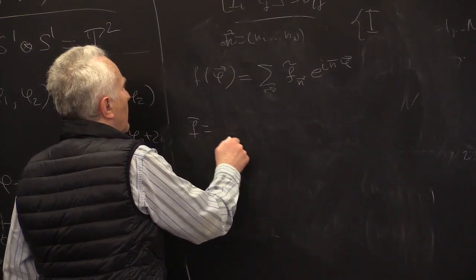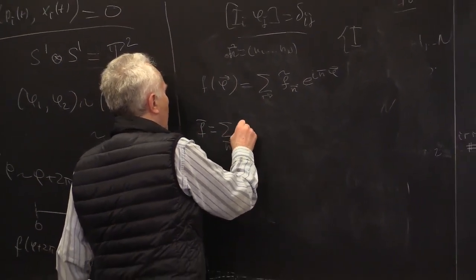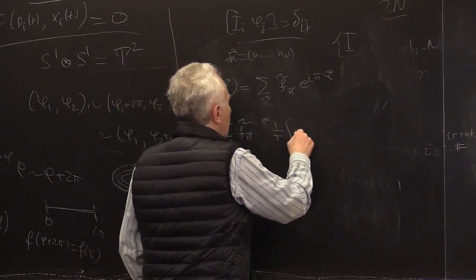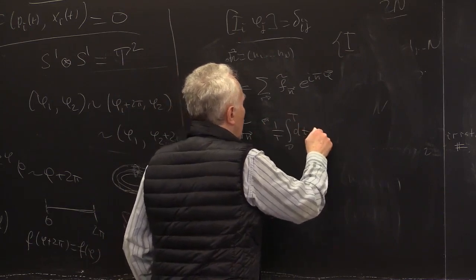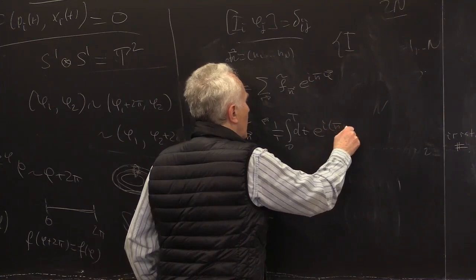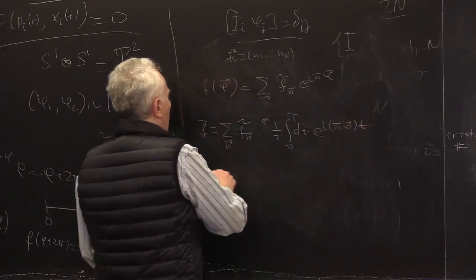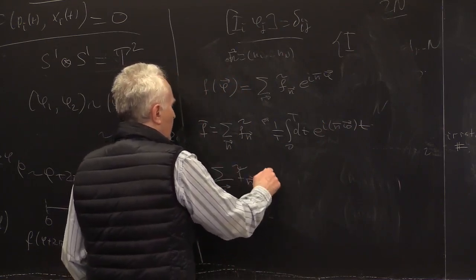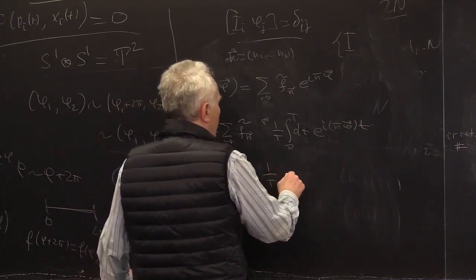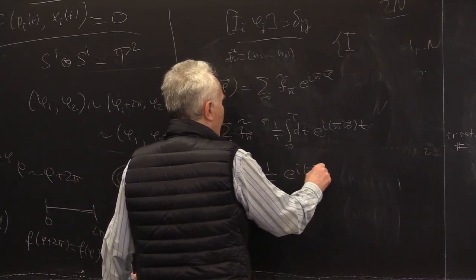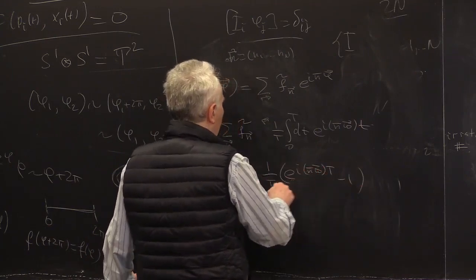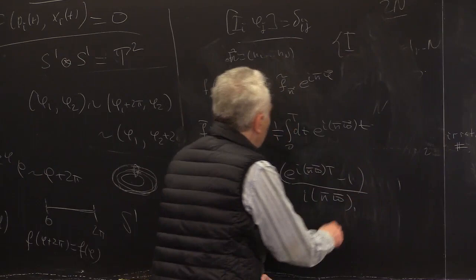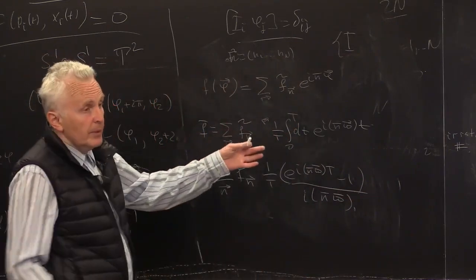So f is the sum over n, f_n tilde, 1 over T integral dt from 0 to T e to the i n omega t, which gives us, so far everything as before, except we use vector notations, 1 over T, and now same formula as before.